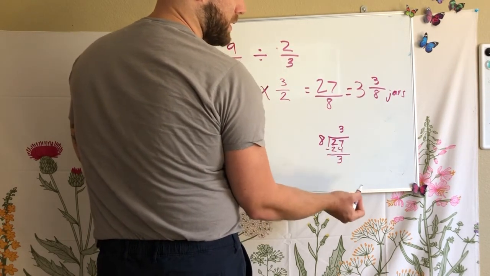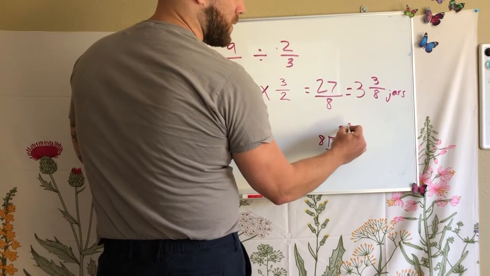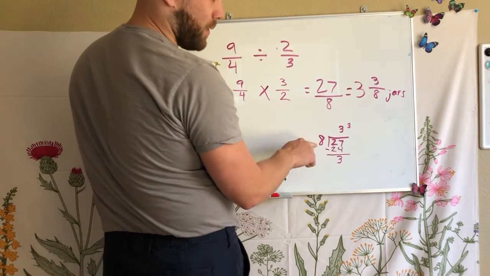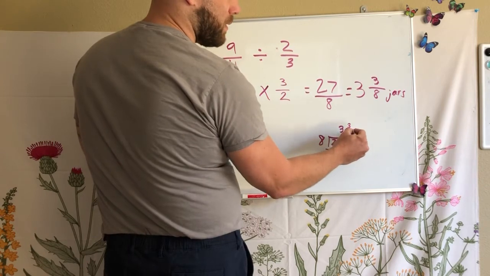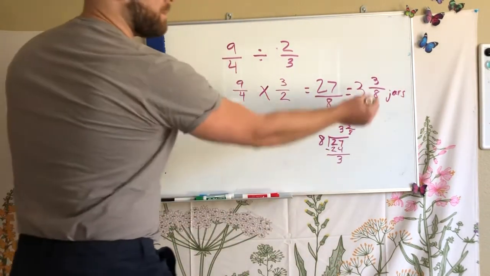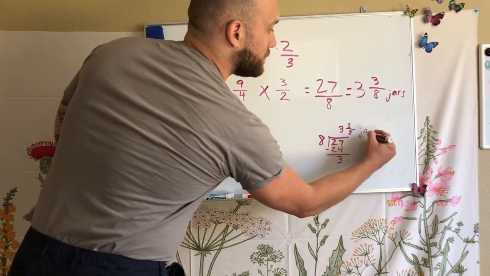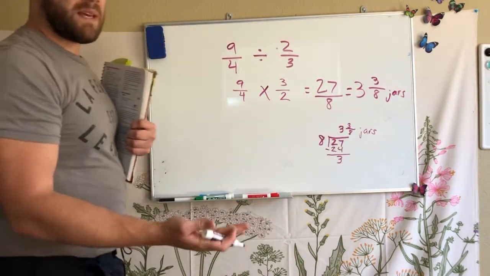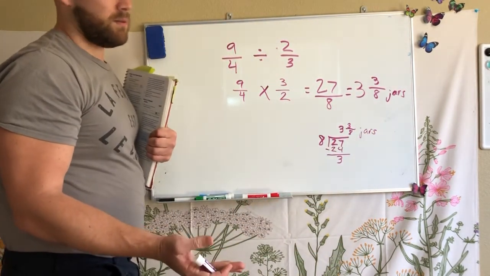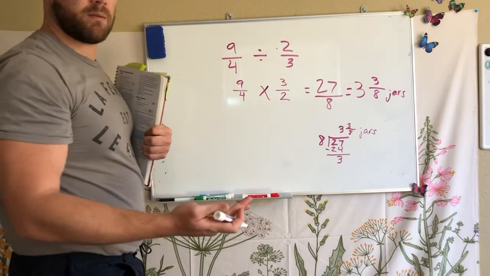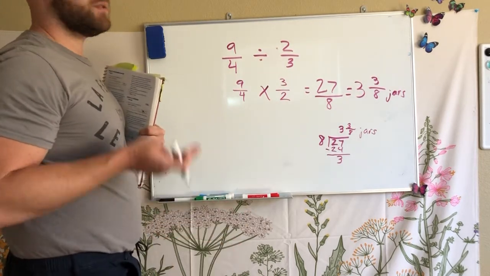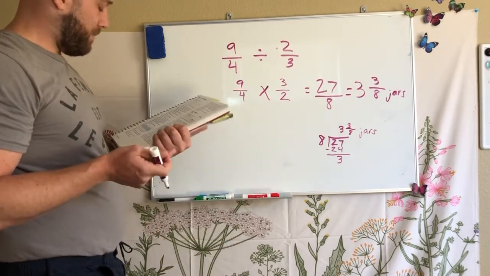Hopefully you see where I'm going with this. My remainder, 3. Denominator, always the same as what you divide by. Boom. Same thing. Jars. Hopefully that makes a little bit more sense. It's the same thing that we've been doing all year, just looking at it a new way. It's a crazy, awesome thing about math.